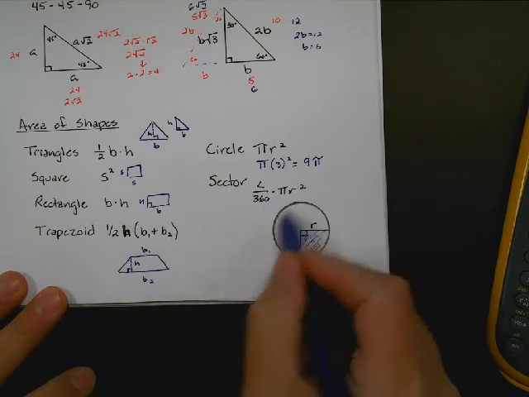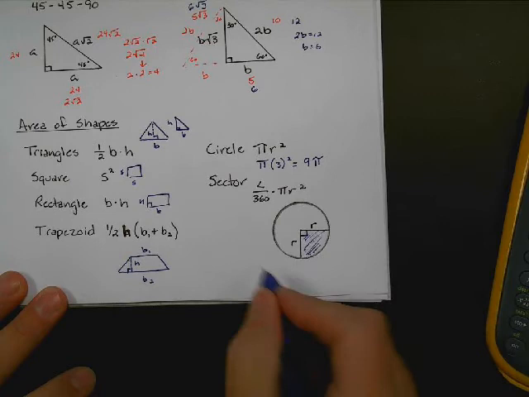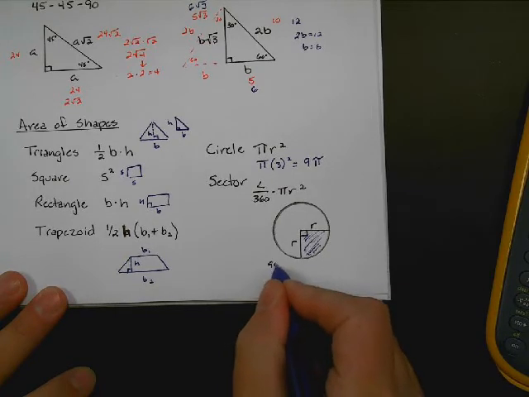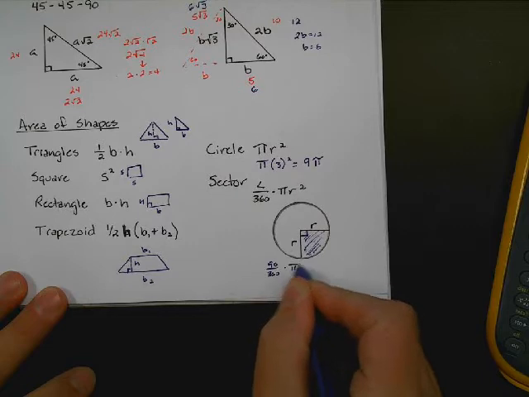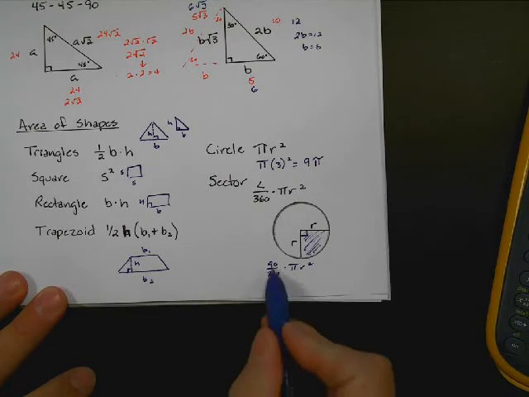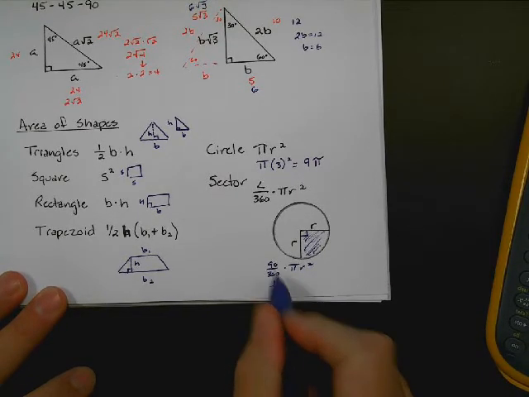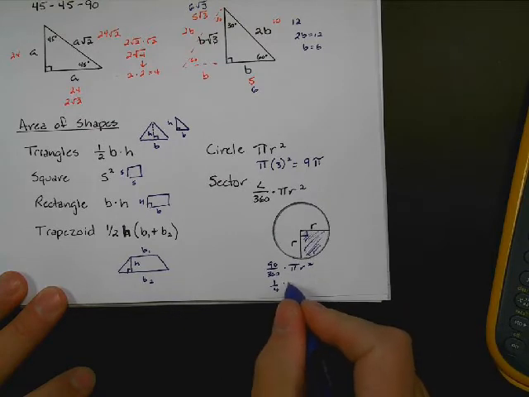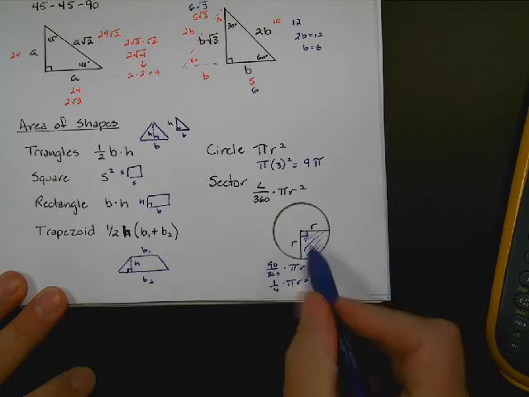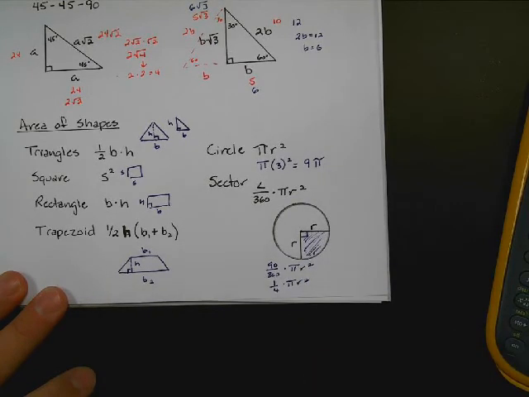So a circle has 360 degrees in it, so we do something like 90 divided by 360, and then times pi r squared. So this would be 1/4, because 90 over 360 is 1/4, times pi r squared. So this would just be 1/4 of the entire circle. And then if you had 60 degrees, it'd be like 1/6 of the circle or something like that.